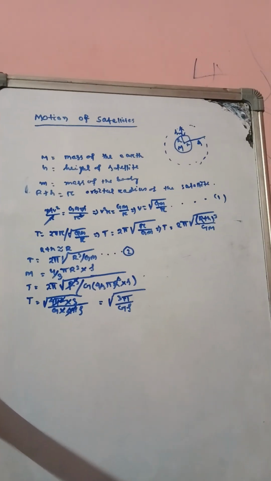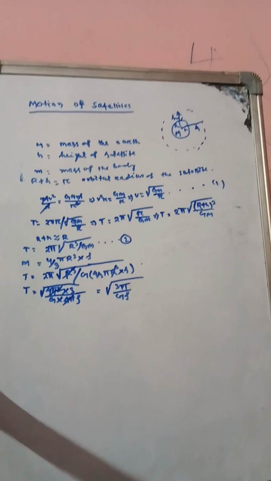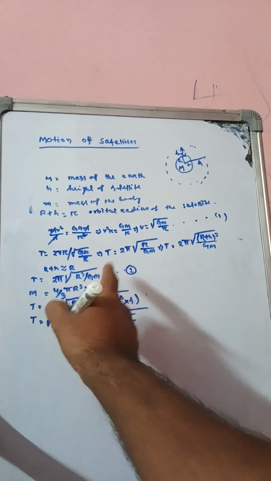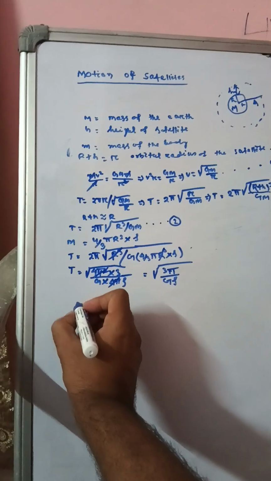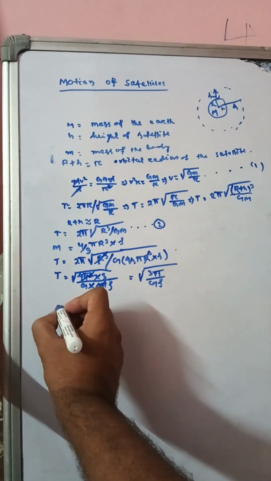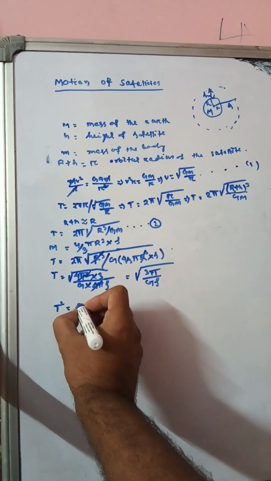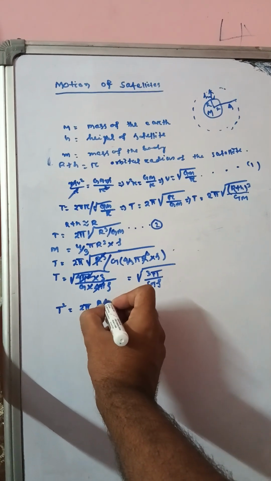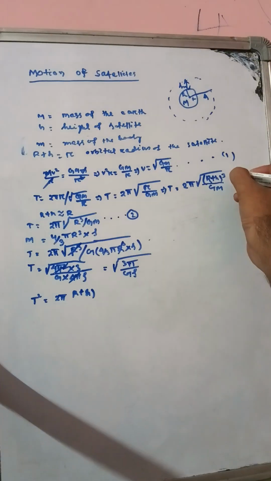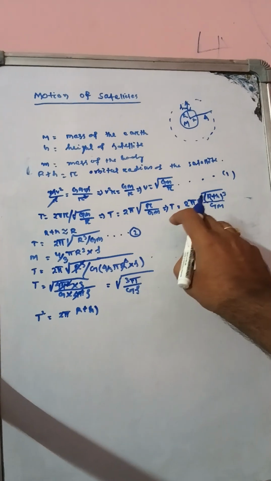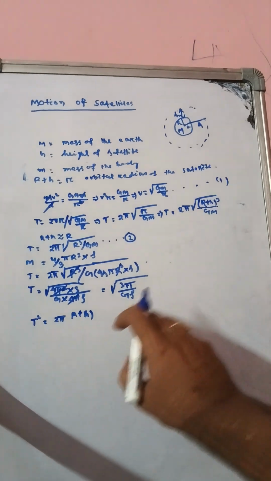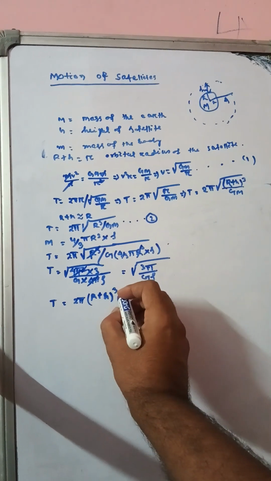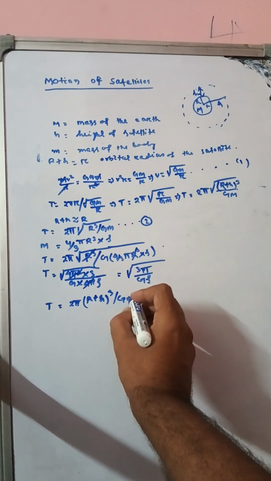Then we take the square of equation 2. Squaring equation 2, what do we get? T is equal to 2 pi square root of (R plus h) whole cube divided by GM.